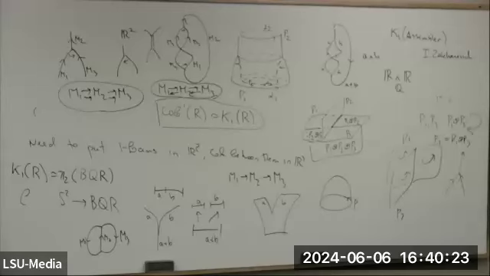That means that K0 of R is a commutative ring, so you have a little bit more structure.